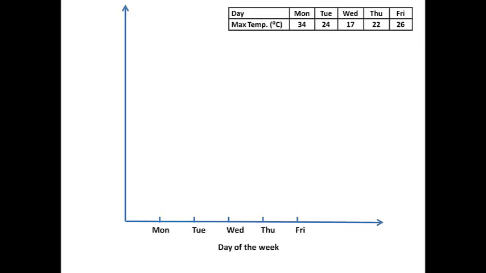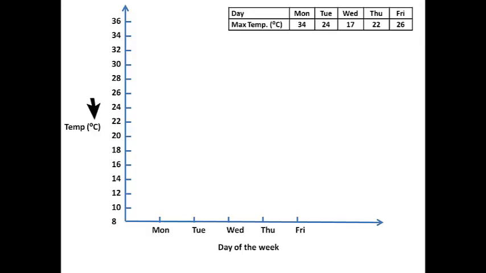We will use the vertical axis to indicate temperature. Remember to indicate that it is measured in degrees Celsius. Just as we did on the horizontal axis, the space between the origin and each point is equal.